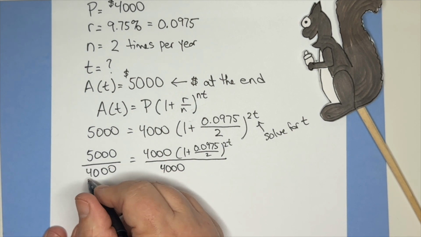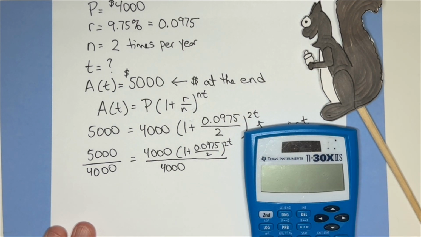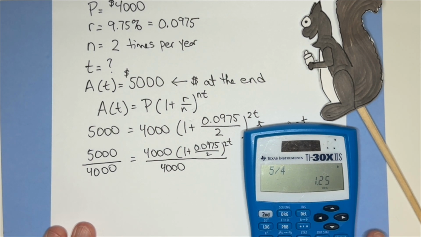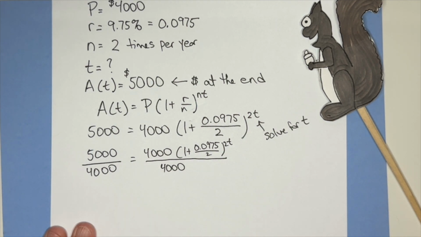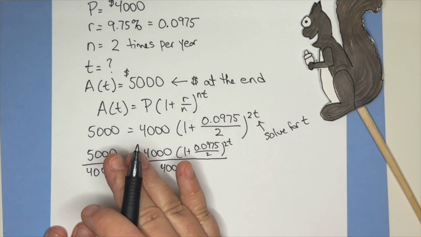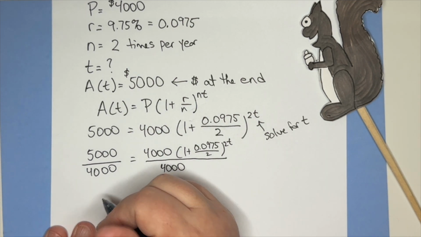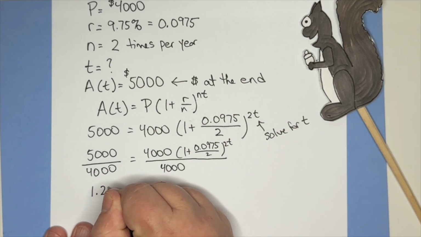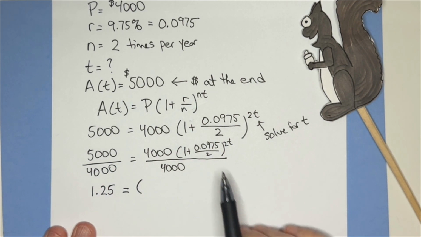So then over here, 5 divided by 4, it turns out it is nice, right? It's going to be, I think, 1.25. Now, what's really important is that if this does not work out nicely, do not approximate it. So if it's like 5 over 3, don't write out a decimal. Leave it as the fraction. It turns out here, 1.25 turns out nicely, so that's just nice. Okay, next thing.